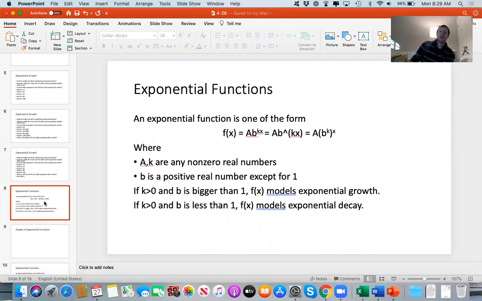So in general, what exponential functions look like is they're going to look like some number a times some number b, and this b is raised to k times x. So x here is the variable. A, b, and k are these constants, these parameters, where different choices can give you different shapes.